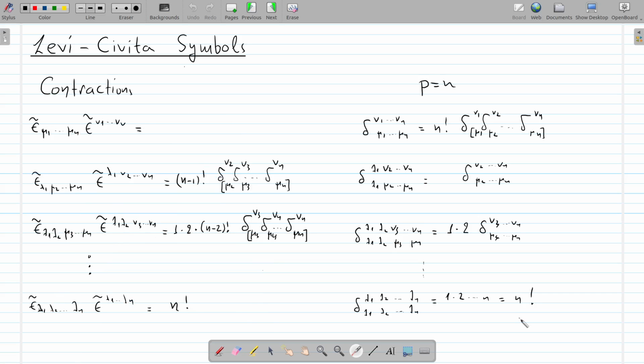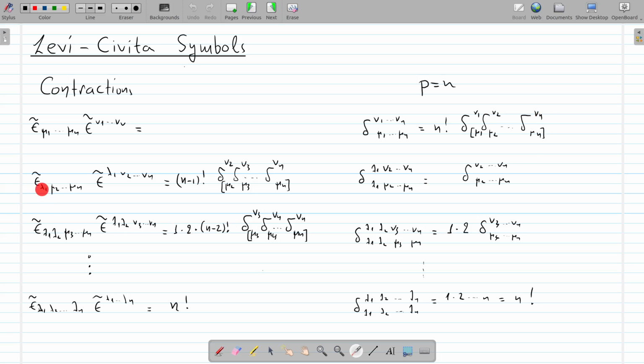So let's apply those identities to the contractions of the Levi-Civita symbol. As we have written in the previous slide, the product of two epsilons is equal to the n delta symbol, or equal to this expression here.